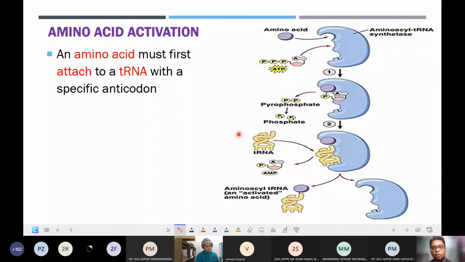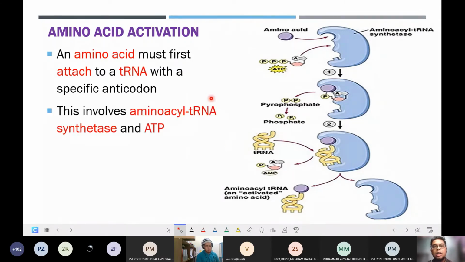Okay, so this amino acid activation process will involve a particular type of enzyme known as the amino acid tRNA synthetase. Okay, so this is the diagram showing the enzyme known as the amino acid tRNA synthetase, and another thing that is also involved will be this ATP.